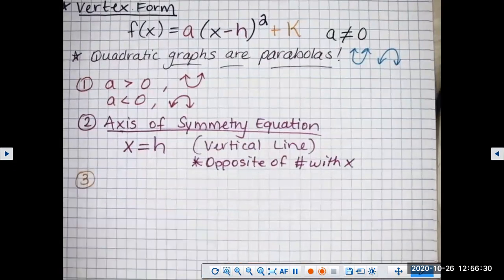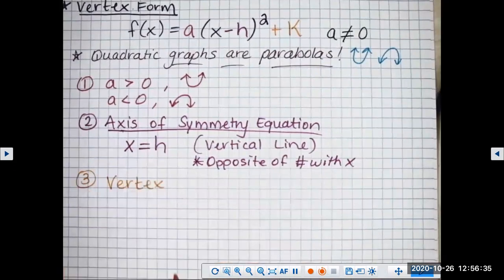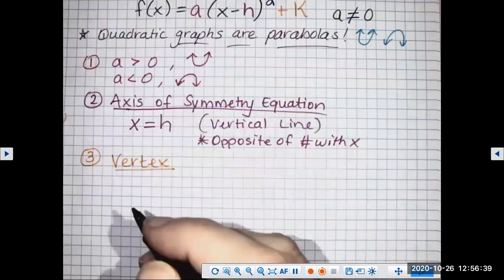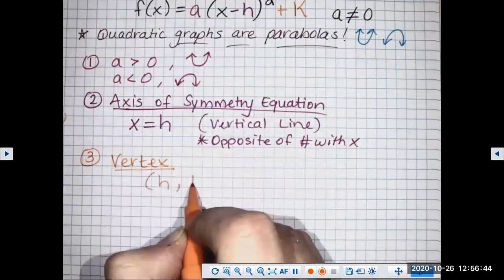Okay, third thing, this is very important. This is where the formula gets its name. Your vertex point is going to come from h, k.